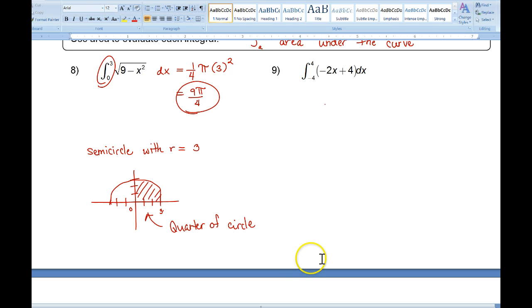Let's look at the next one here. So what does the next graph look like? It's a line, right? Graph y equals negative 2x plus 4, and we want to graph it from negative 4 to 4.